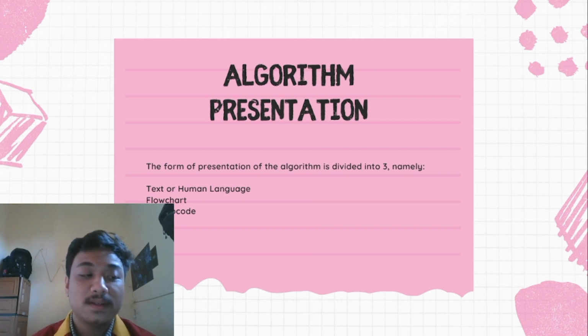Five, flow. Arrows on a flowchart depict the flow from one step or decision to the next. It helps in describing how data or control moves through the algorithm. Six, decision. The rhombus symbol is used to represent decisions in an algorithm.